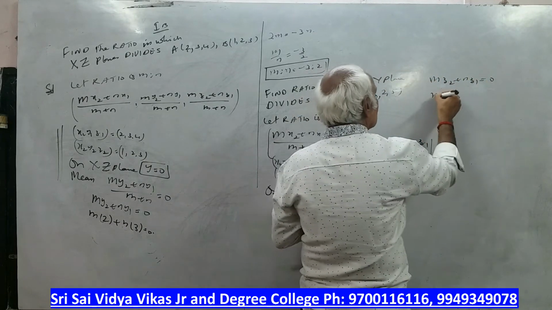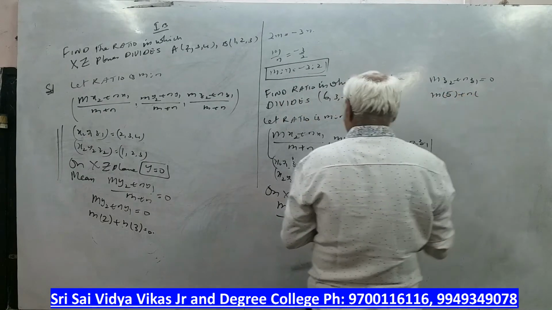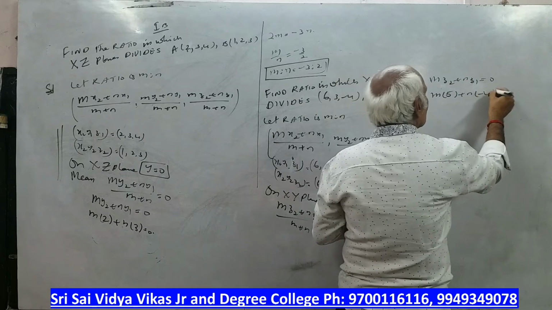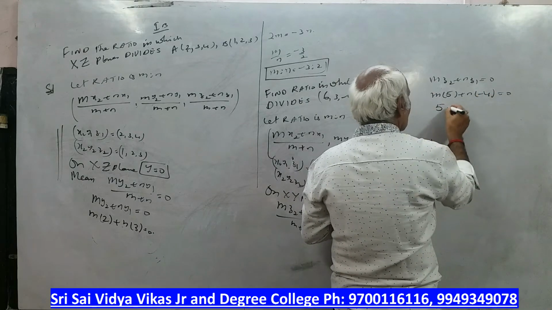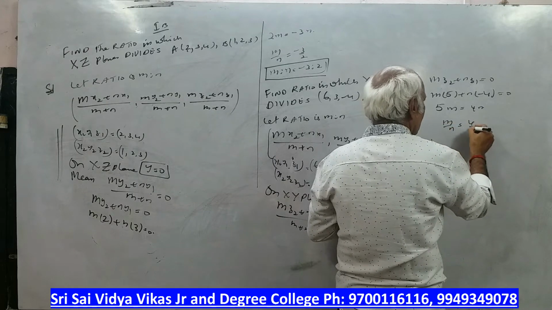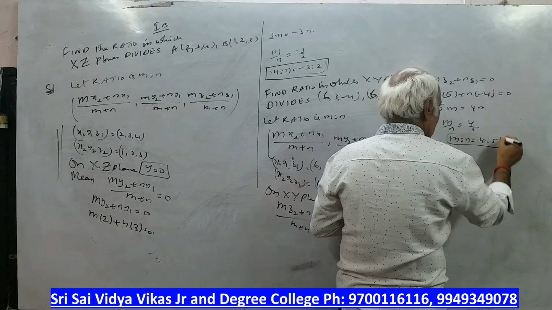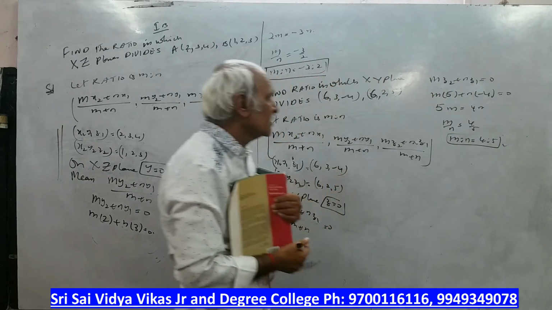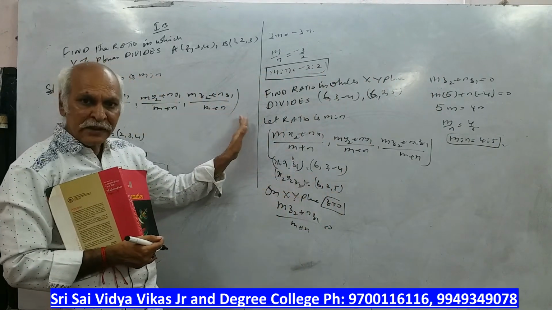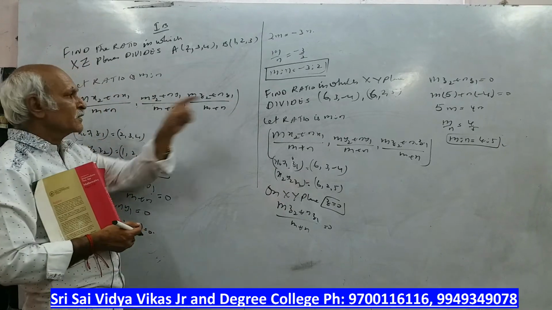So, m into z2 value 5 plus n into z1, minus 4, is equal to 0. 5m is equal to 4n. m by n is equal to 4 by 5. So m is to n is equal to 4 is to 5. Okay. The first one was the xz plane, the next one is the xy plane.